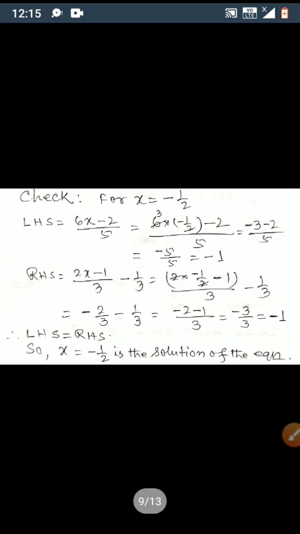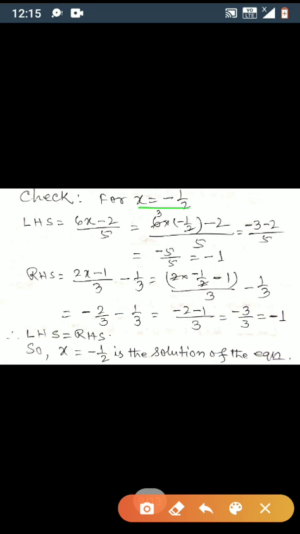Now check. For x equal to minus 1 by 2, LHS equal to (6x minus 2) by 5 equal to 6 multiplied by, in place of x write minus 1 by 2, minus 2 by 5. 2 3s are 6. It can be written as minus 3 minus 2 by 5 equal to minus 5 by 5 equal to minus 1. RHS equal to (2x minus 1) by 3 minus 1 by 3. In place of x write minus 1 by 2.